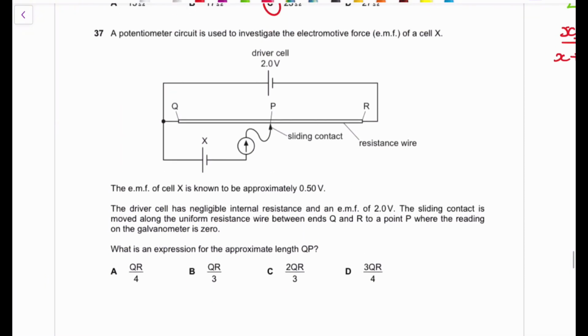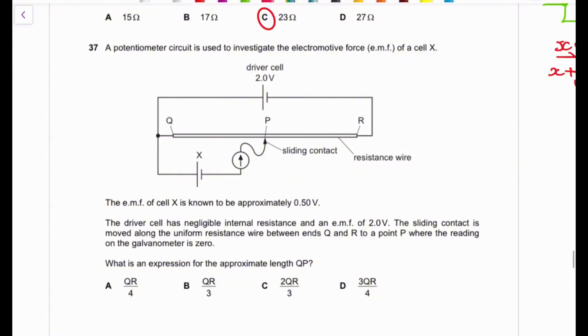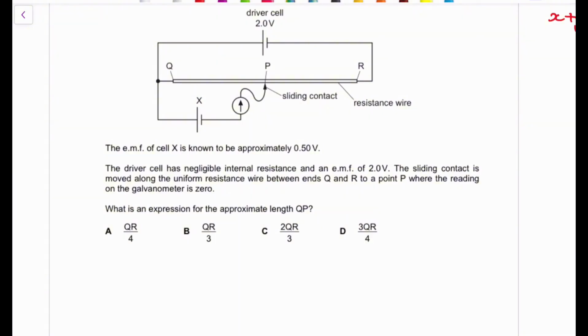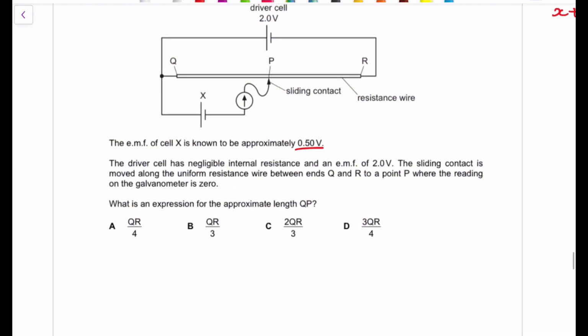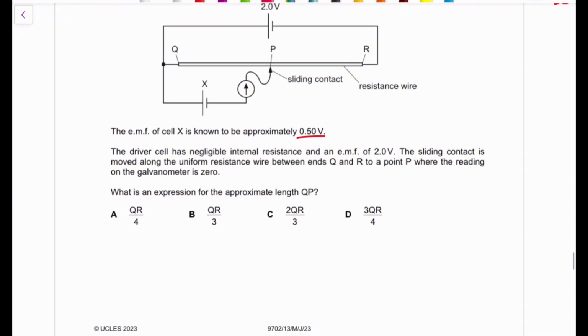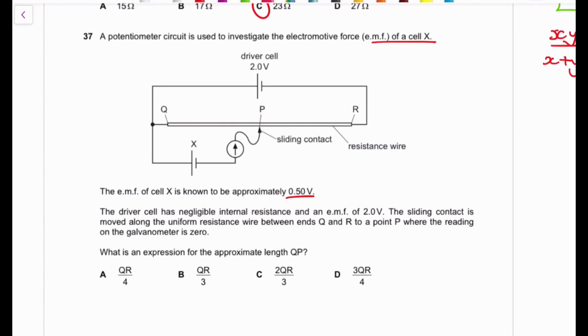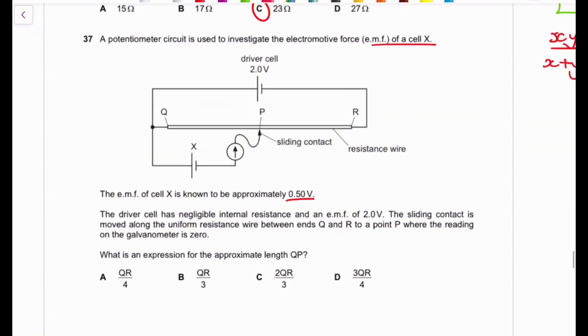Question 37. We've been given a potentiometer circuit that is used to investigate the EMF of a cell X. The EMF is known approximately to be 0.50. How do you find the expression for the approximate length of QP? So how does a potentiometer work? Well, for the galvanometer to read 0, the EMF of this cell should be equal to the voltage over here.